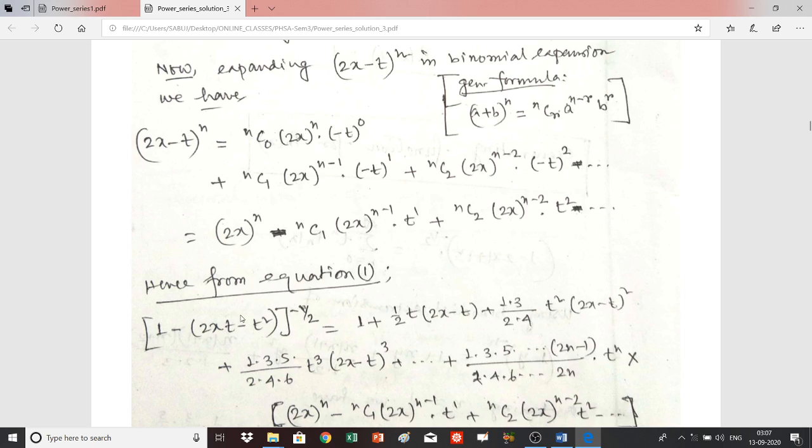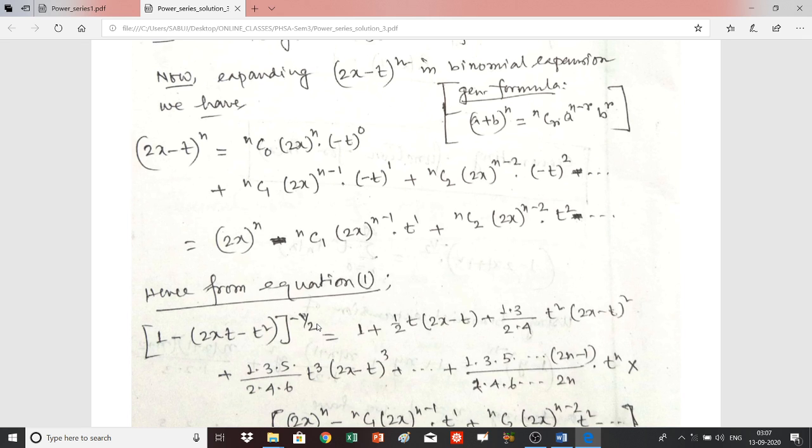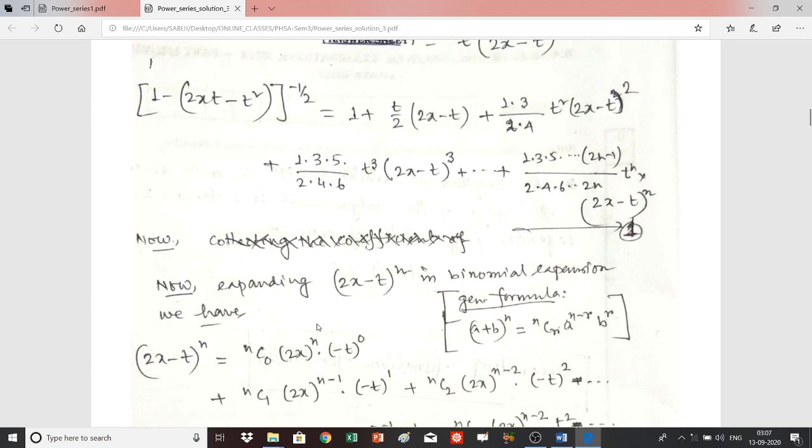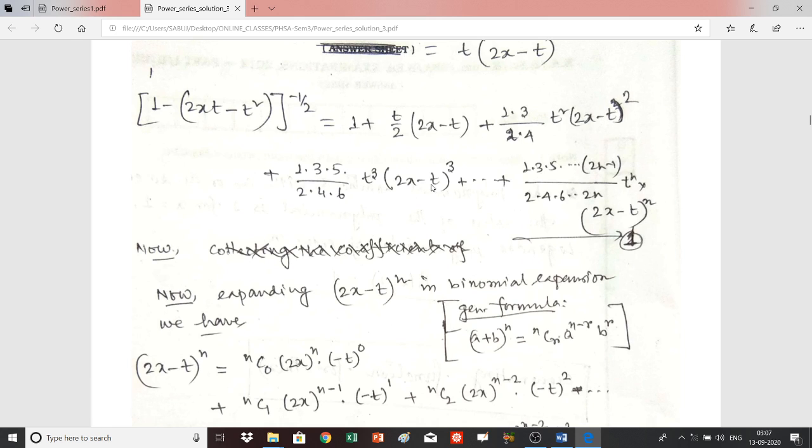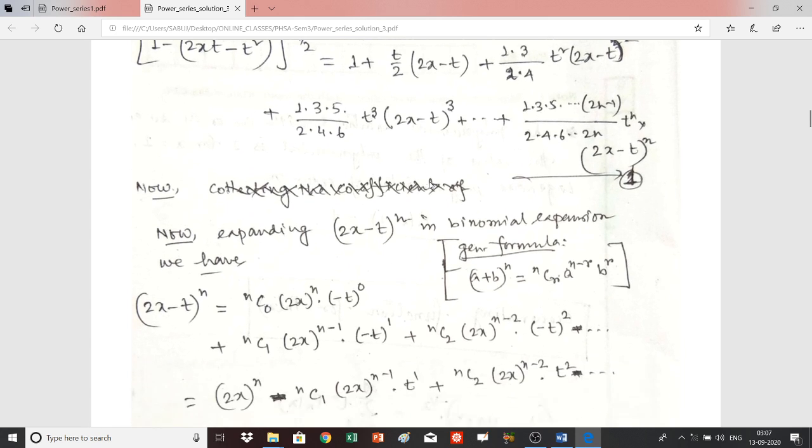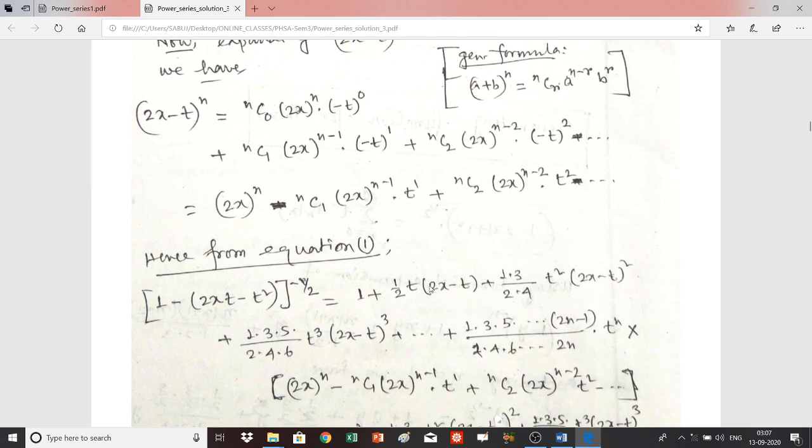I can write it also in this fashion: 1 minus 2xt minus t square to the power minus r, that is equal to, writing all other terms first, 1 plus half t into 2x minus t plus 1 into 3 by 2 into 4 t square into 2x minus t whole square plus 1 into 3 into 5 by 2 into 4 into 6 t cube into 2x minus t whole cube plus etc.